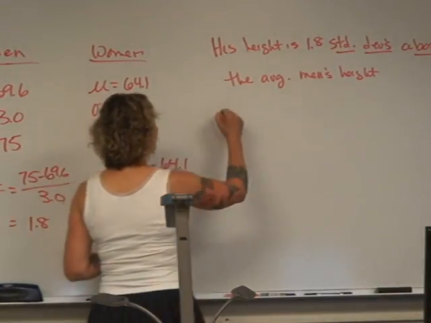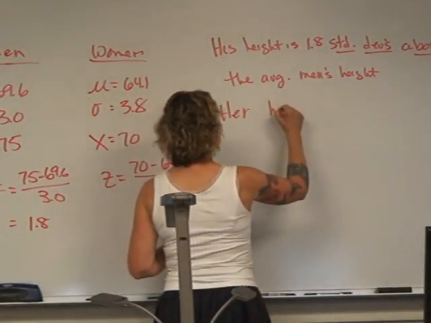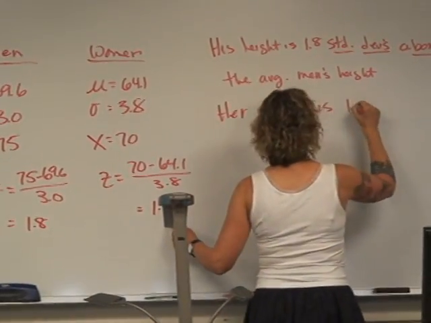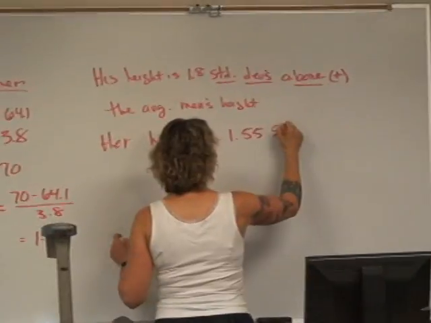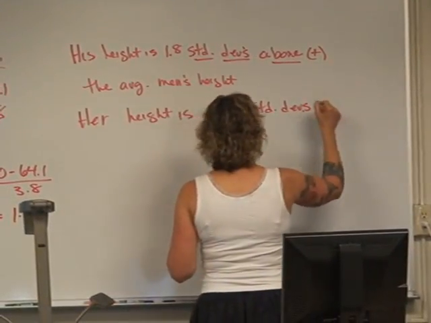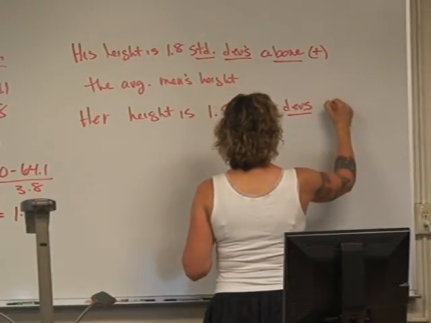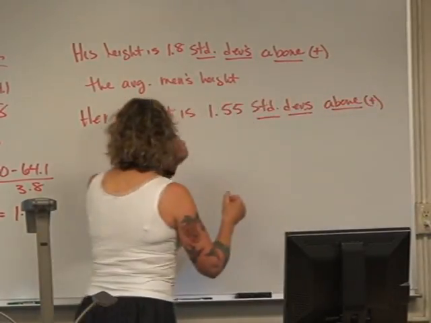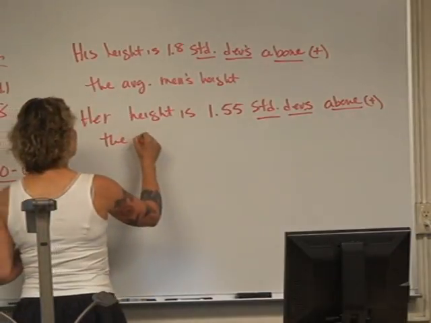Okay, so her height is 1.55 standard deviations above, again, because it's positive, the average woman's height.